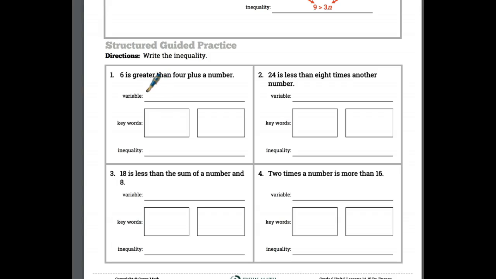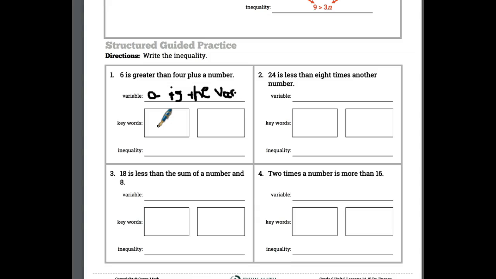So 4 plus a number. I was going to put equals, but I don't want to put that. These are inequalities. Is the variable. Okay, I'm just going to abbreviate there. It's kind of hard to try and write that with a mouse. Keywords.